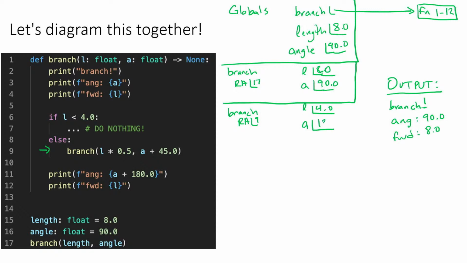So 135 is the A of the second frame. Okay? So we've established this frame. And now our current frame is the one whose L is 4 and A is 135. So we're ready to jump back into this new function call starting from the top. All right? So we jump back to the top, and we print branch again. And then we print angle A, which is 135.